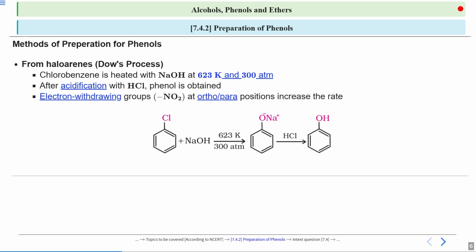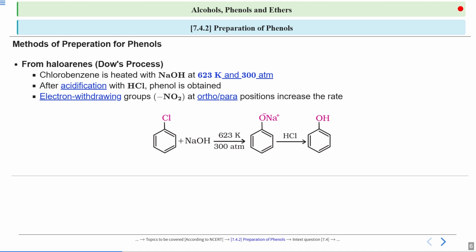If we see the reaction, we have initially chlorobenzene, a haloarene. We react it with sodium hydroxide at a particular temperature 623 Kelvin and the pressure 300 atmosphere. You will get an intermediate, which is sodium phenoxide. So we have benzene attached with O negative and Na positive after the removal of chlorine from the benzene ring.